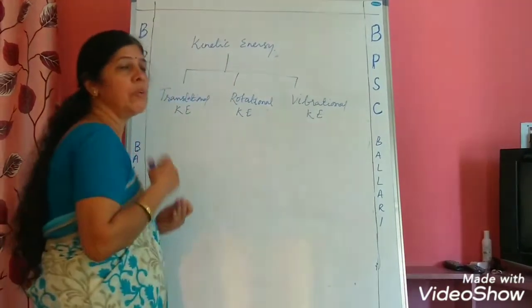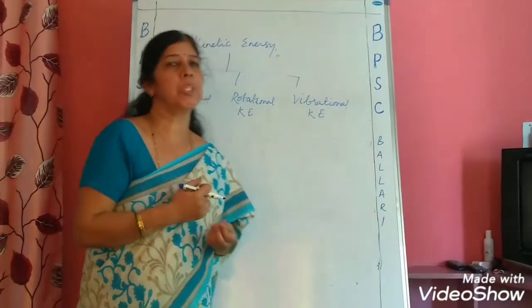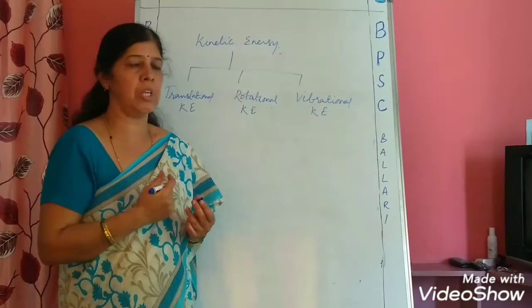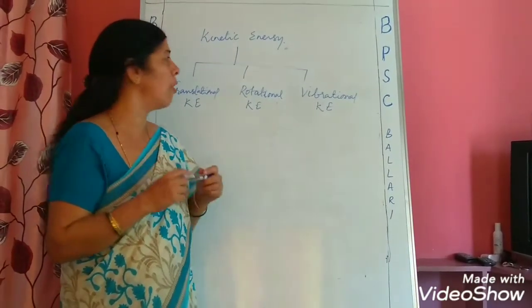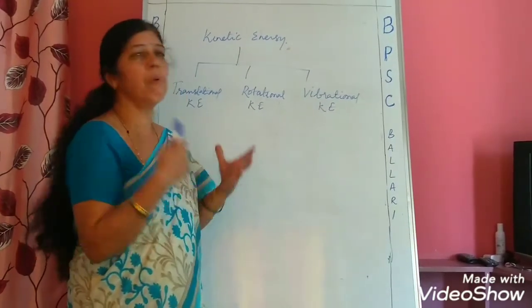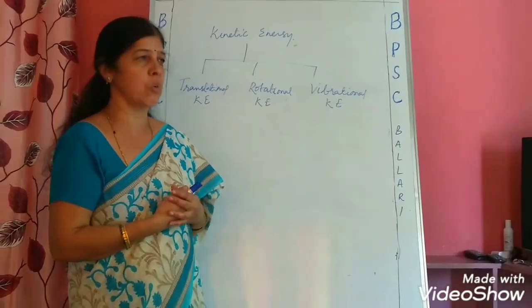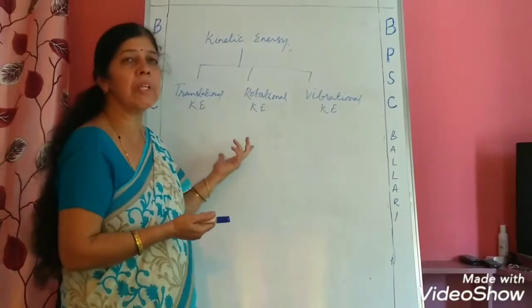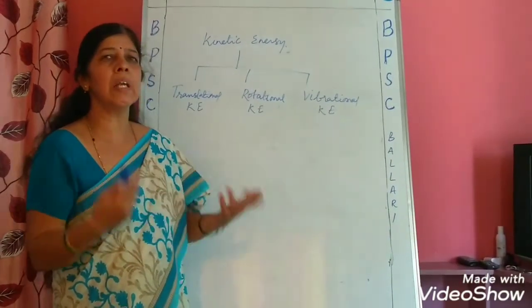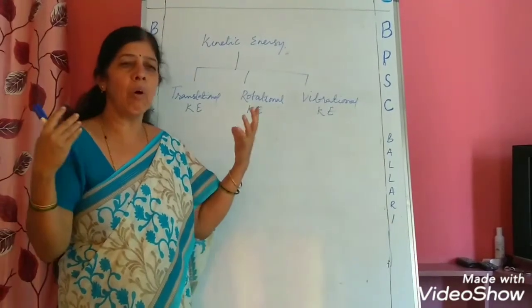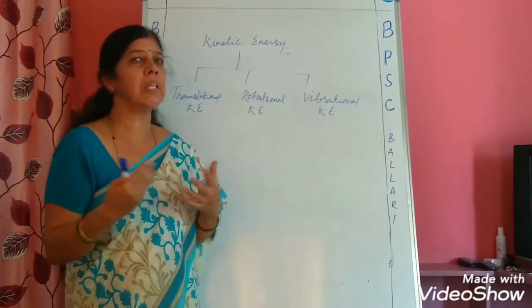Now as I have told you, kinetic energy is nothing but the energy possessed by a body by virtue of its motion. And there are various types of motion. The body can have translational motion, rotational motion, and vibrational motion also. So what example can we give for translational motion? Translational motion is nothing but linear motion where all the particles of the body travel in the same direction.